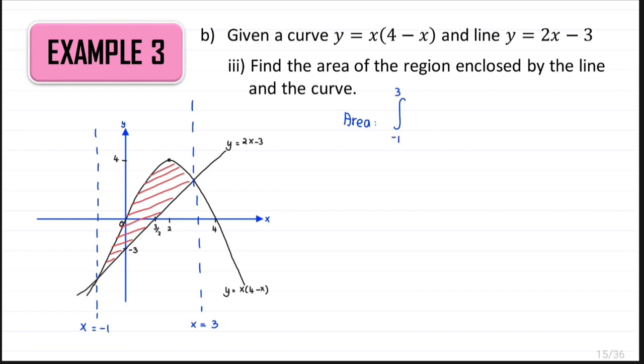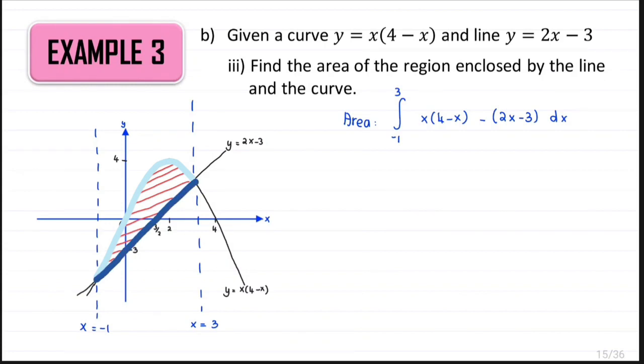We take the quadratic, x(4 minus x), and minus the line 2x minus 3. Why do we take quadratic minus line? Since the upper is the quadratic and below is the linear.